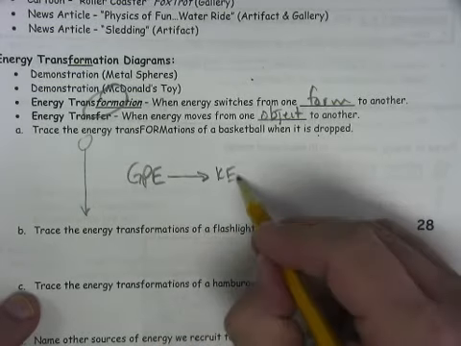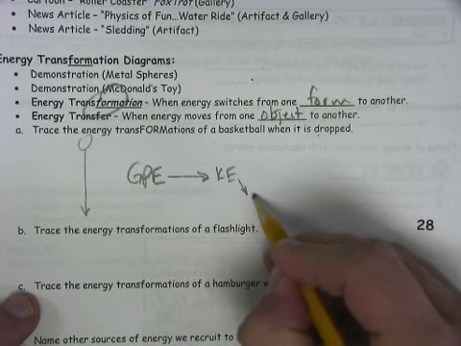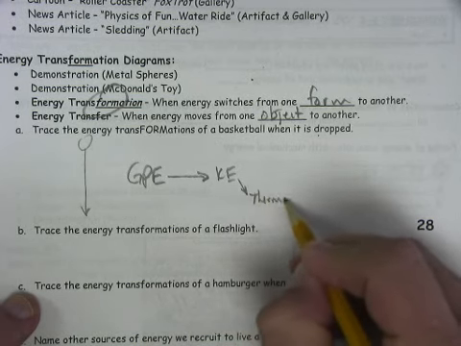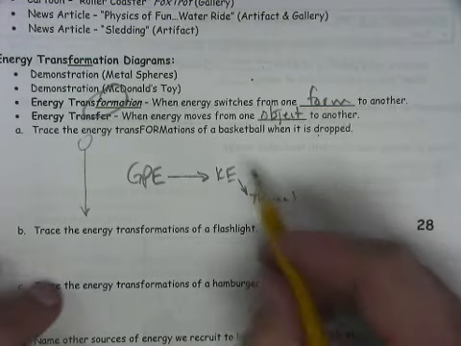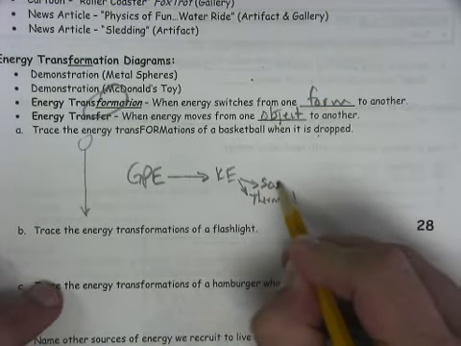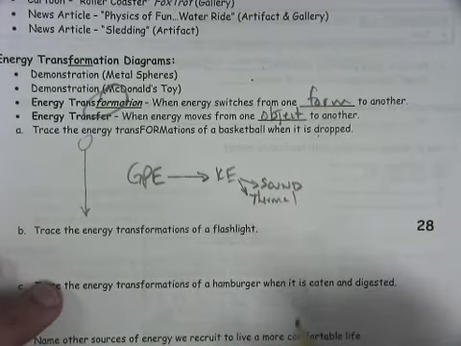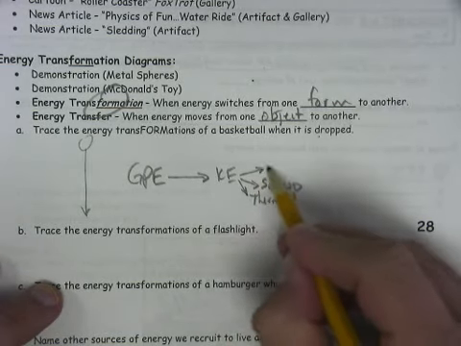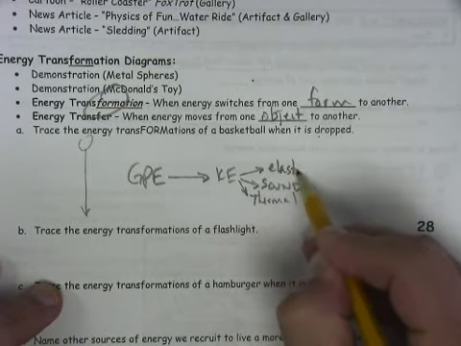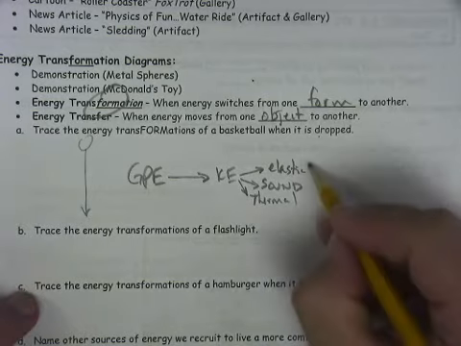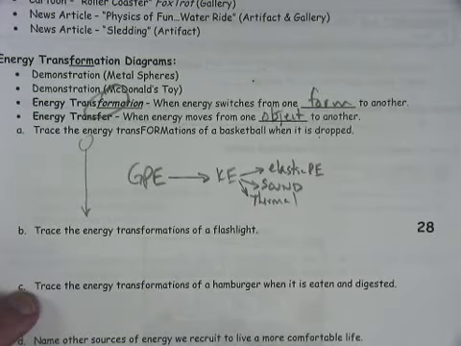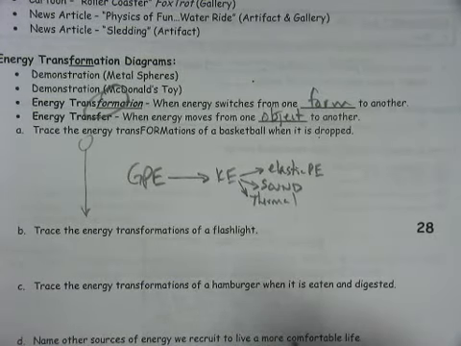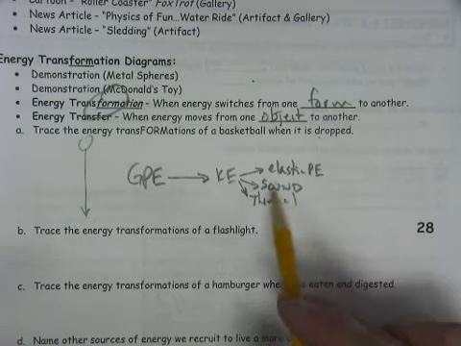When it hits the ground, some of that energy is transformed into thermal energy. Okay, it heats the room up, produces a little bit of sound. All right, and then it goes into some elastic potential energy, EPE. There we go. All right, so when it hits the ground, it's elastic, sound, and thermal.